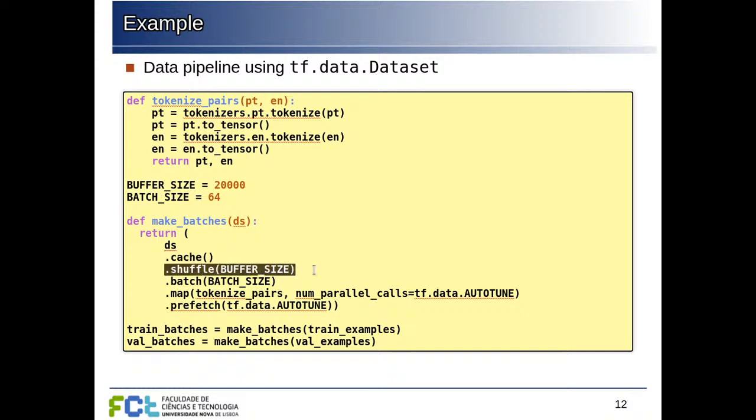This is the size of the shuffle buffer, because if you use a shuffle buffer with the same size as the dataset, then everything will be shuffled. If you use a smaller size, TensorFlow will cache this smaller buffer and take, for example, the first 20,000 elements from our data.